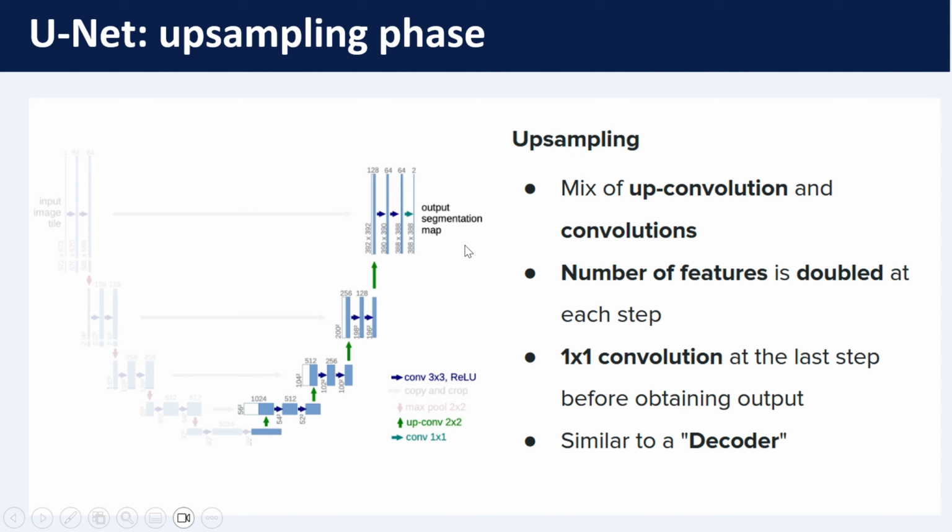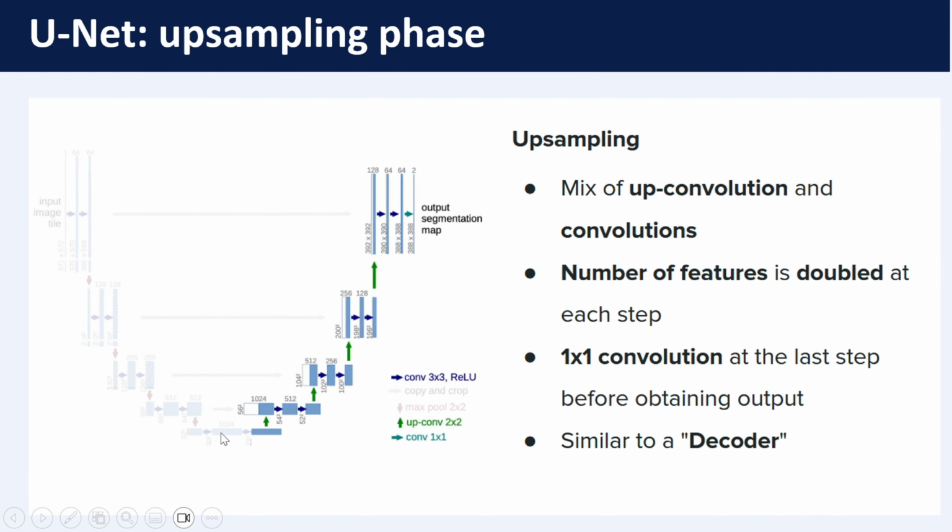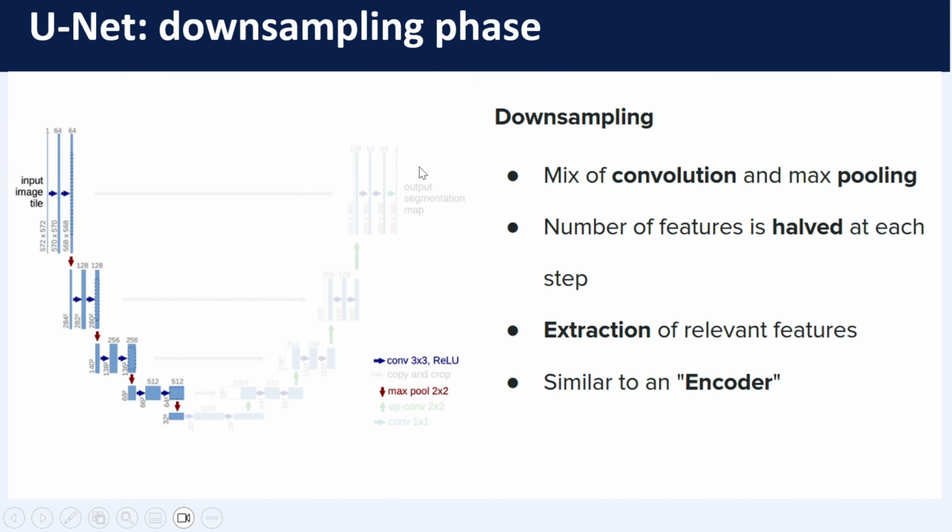We can also include an explanation of the bottleneck, but we consider from the left side, the top up to here, the down sampling, and the up sampling from the middle of the bottleneck up to here.